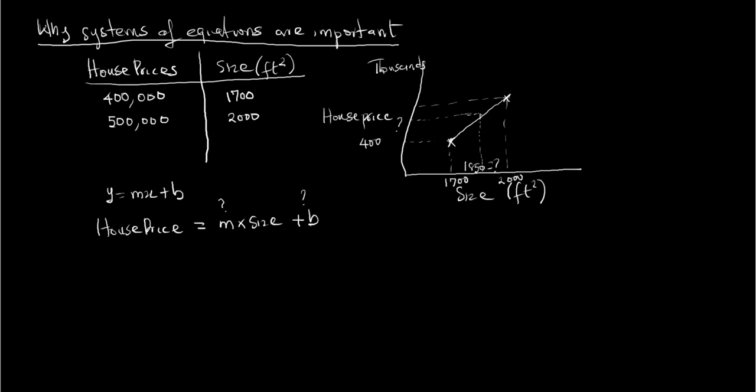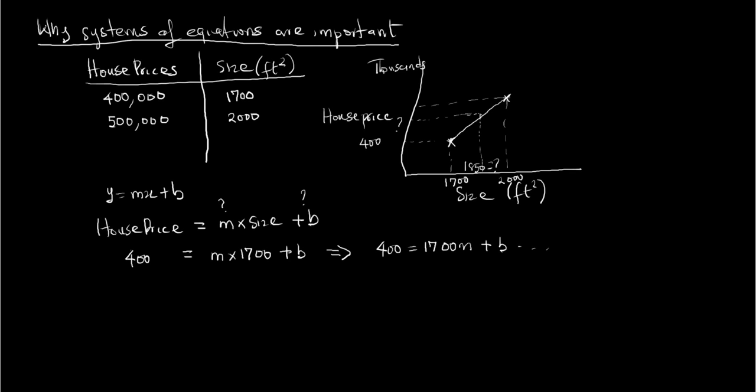So if we put both of those points, the first one is going to be 400, again in thousands, is equal to m times 1,700 plus b. Can you see this? So 400 is equal to 1,700 m plus b.